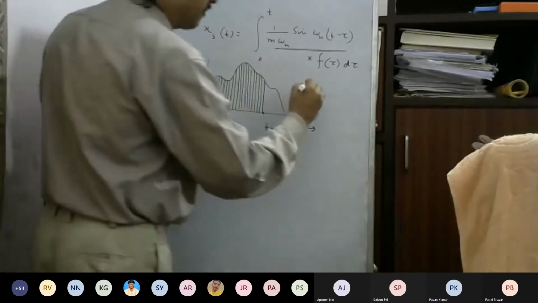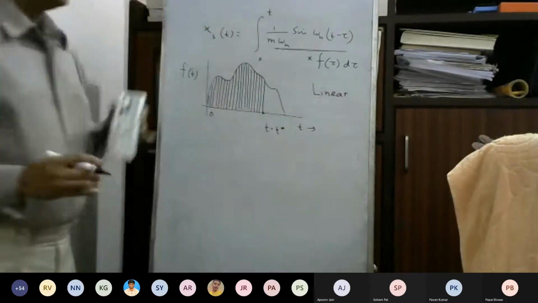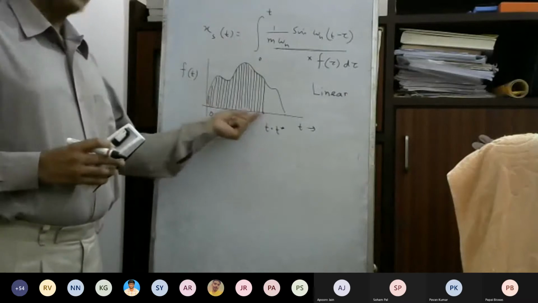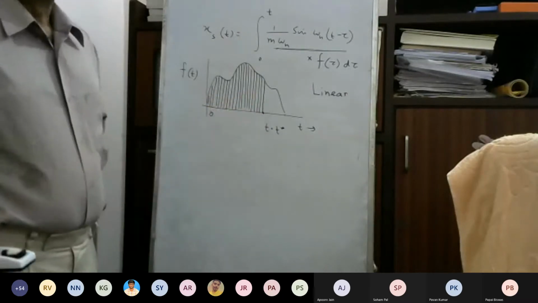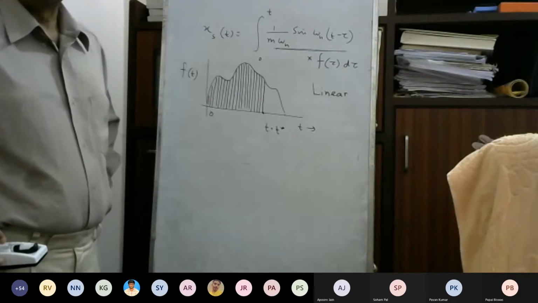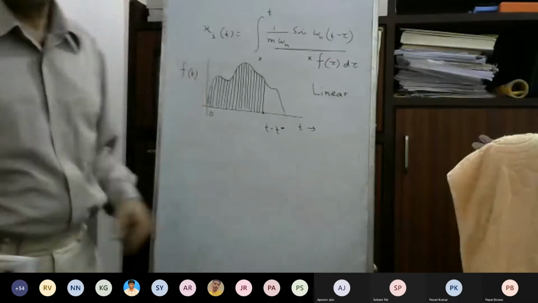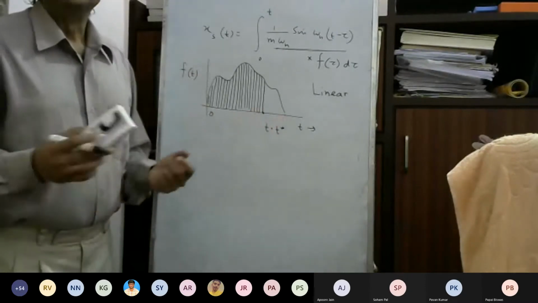Now we come to a very important point. This problem is linear, and for linearity we know that superposition holds. That means if you know the response due to a force F1 and the response due to a force F2, then you can find the response due to F1 plus F2, maybe at different times, by superposition.